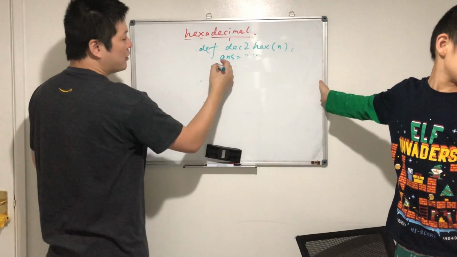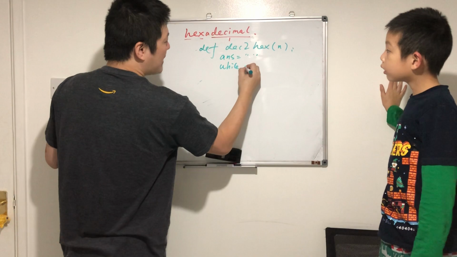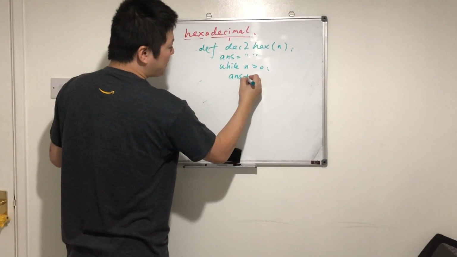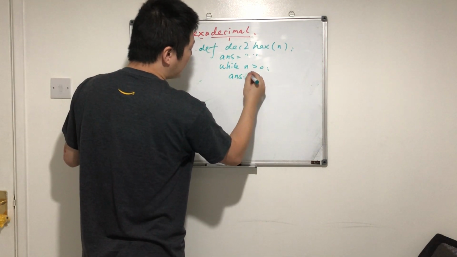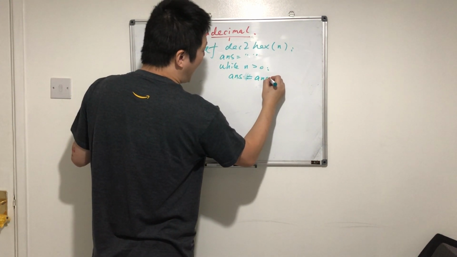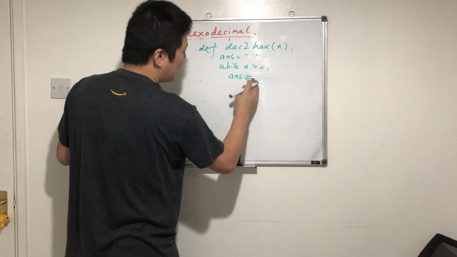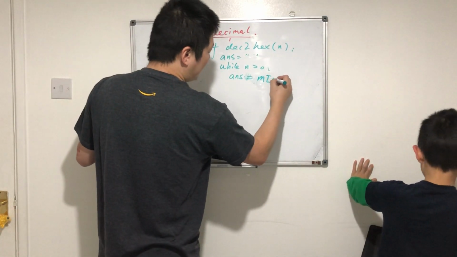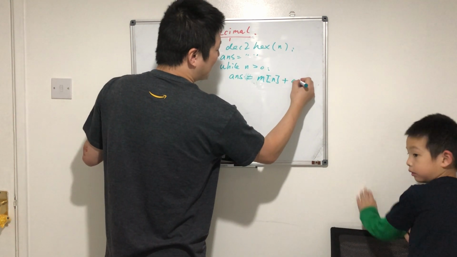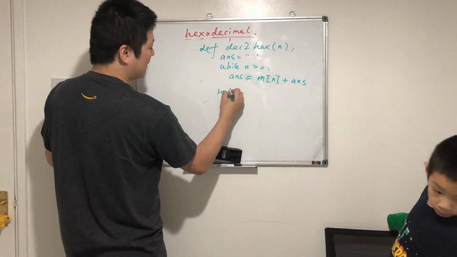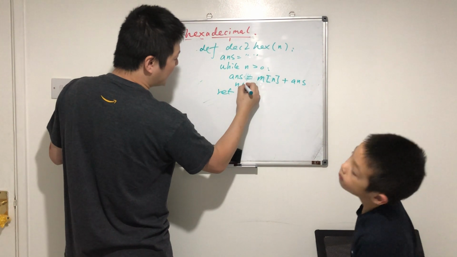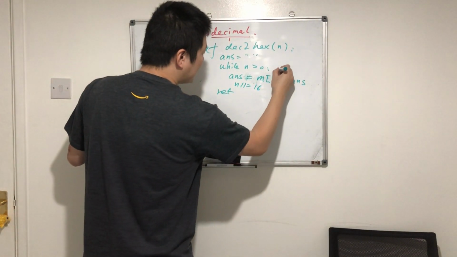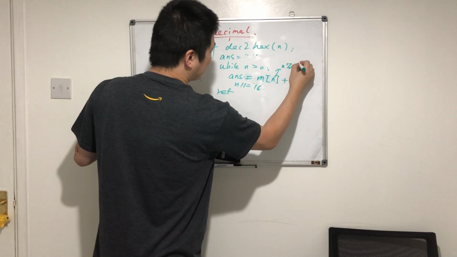While n is bigger than 0, and answer equals mapping of n modulo 16 plus answer, then return answer. n divided equals 16, right? But the mapping needs n modulo 16.